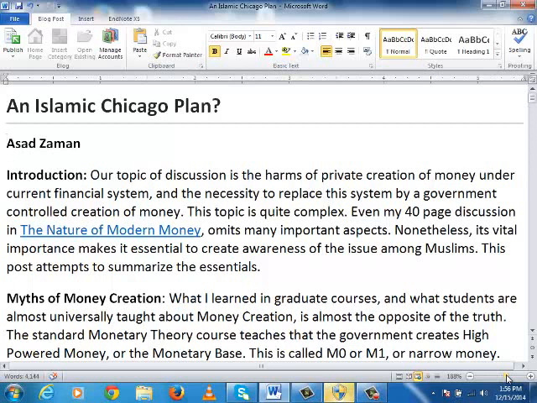So this became the basis for the system we have today, which is called fractional reserve banking. Because of these multiple banking crises, central banks were set up.